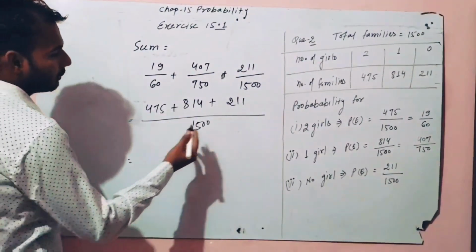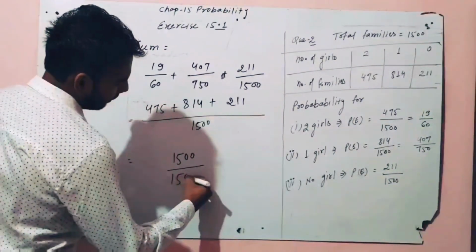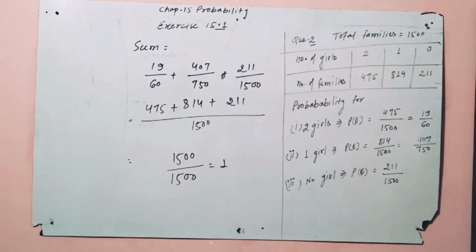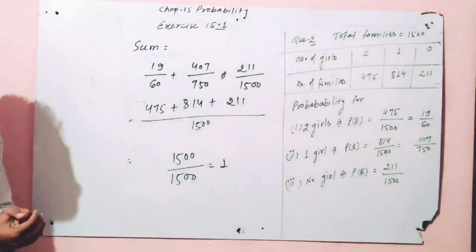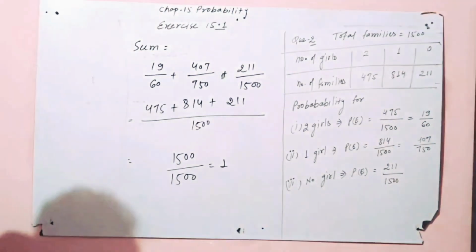If we do the sum of these, it will come 1500 upon 1500. So the sum of the probabilities is 1. So we can say the sum of all the elementary probabilities is always 1.